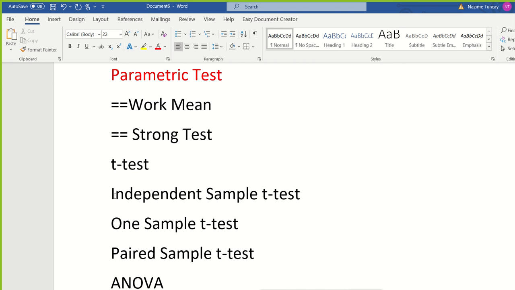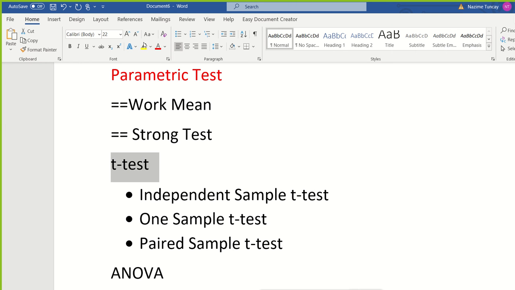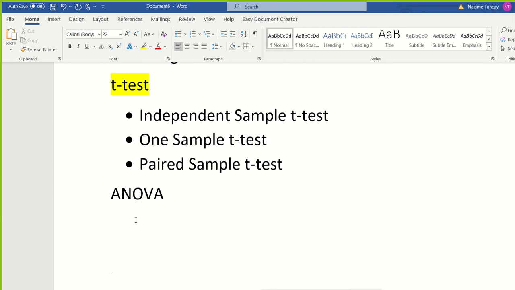We have three different types of t-tests. There are different ANOVAs, but we have seen this one. We are going to see other types later in other courses next semester.